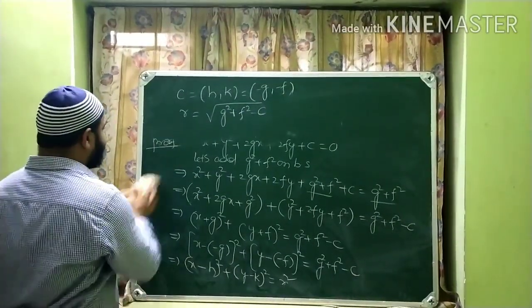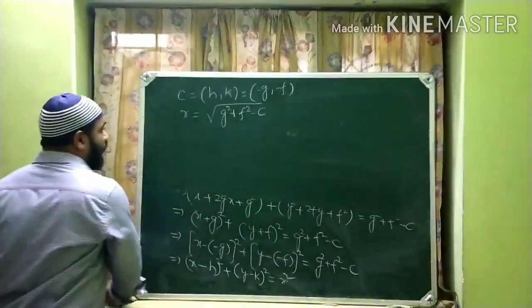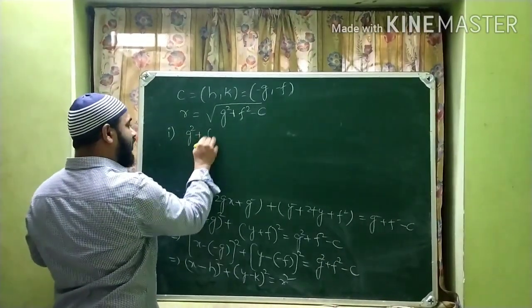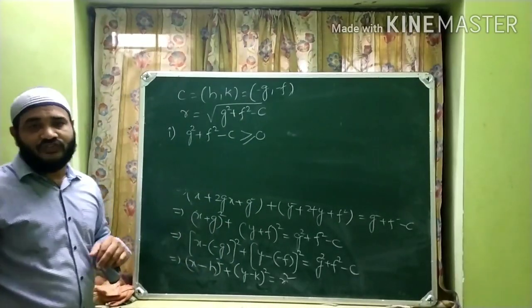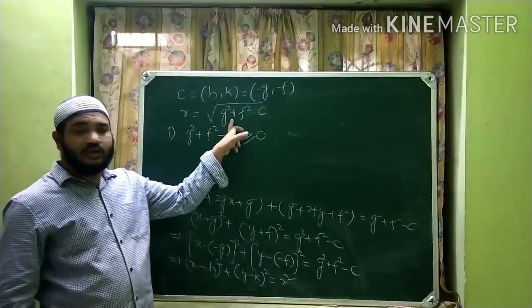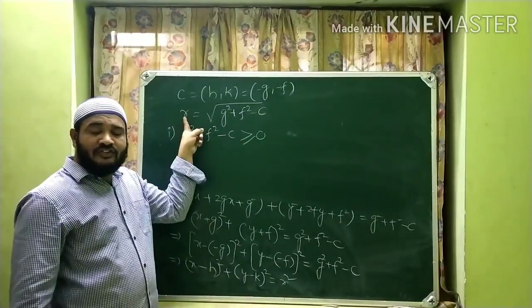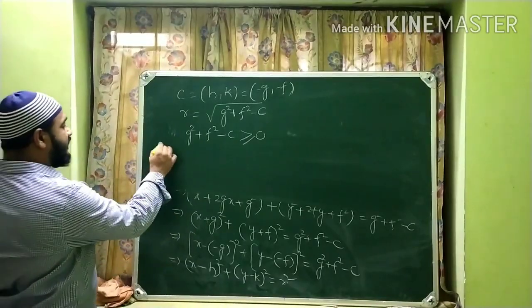So here, g square plus f square minus c has to be greater than or equal to 0, because under the root it won't be negative. So this is always a non-negative real number. So here two cases arise.